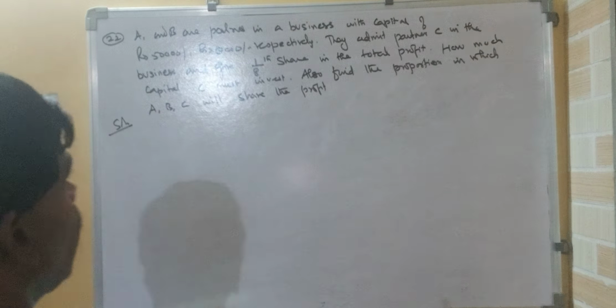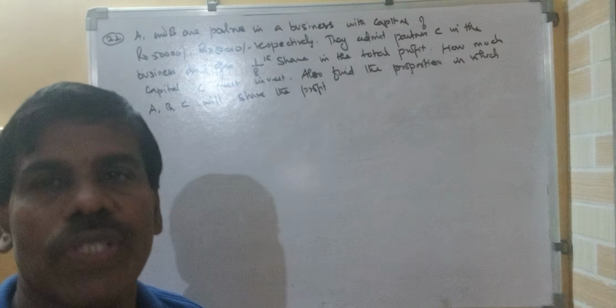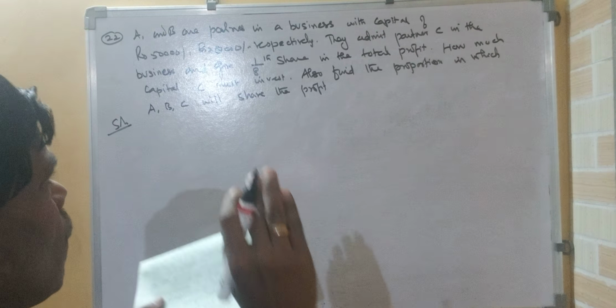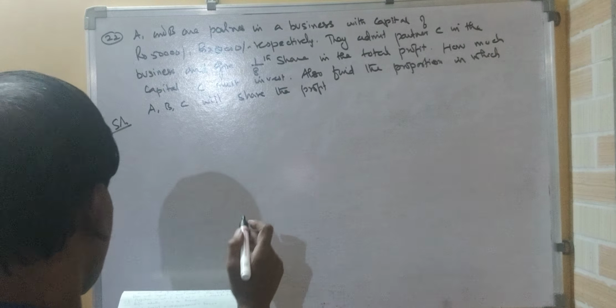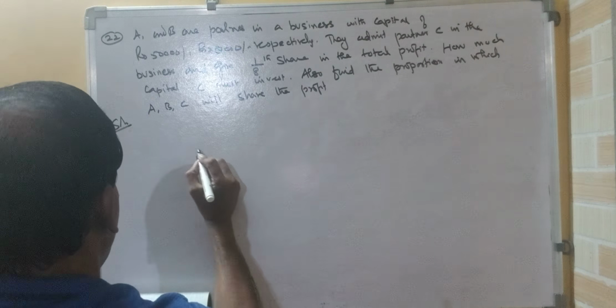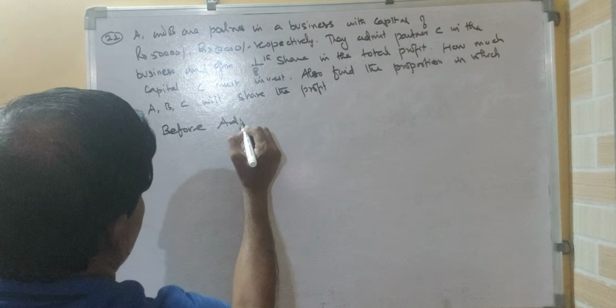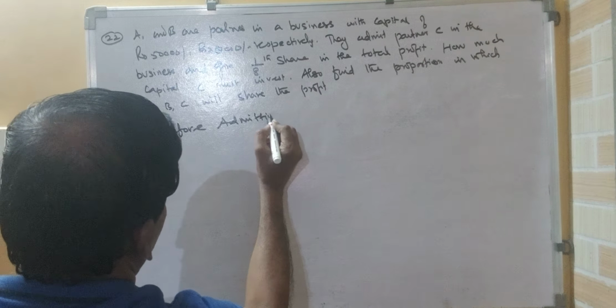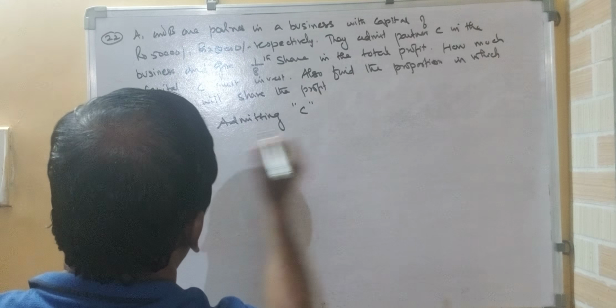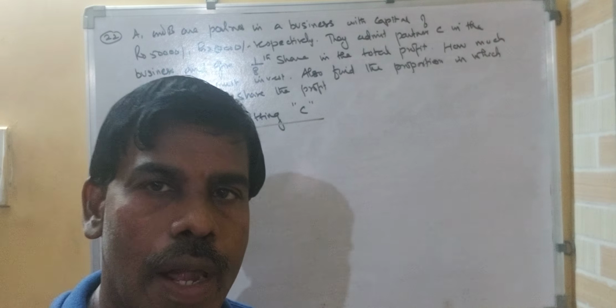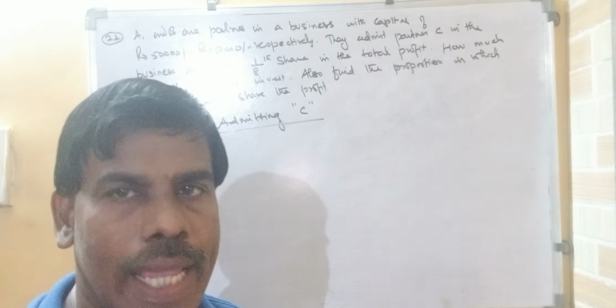Now listen very carefully. See, there are two partners who started the business, A and B. Okay, they have brought the capital 50,000 and 20,000. So first of all, we will start like this. Before admitting C, see, initially there were two partners only, A and B. Okay, later on C came into picture.